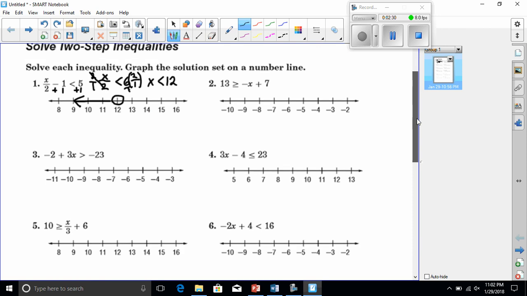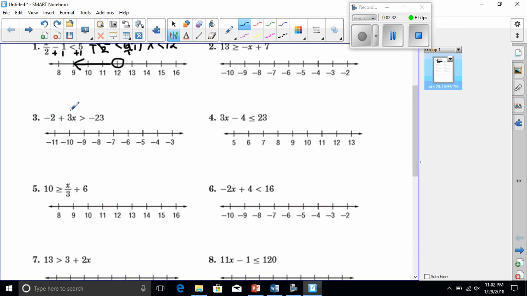Let's go ahead and try number 3. Number 3 says that we've got negative 2 plus 3x is greater than negative 23. Well, right away, I see that I want to get x by itself, so I'm going to deal with the number that is a like term of 23, and that's the negative 2.